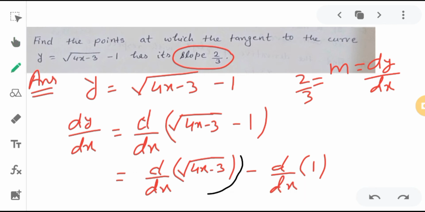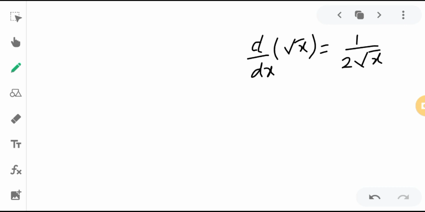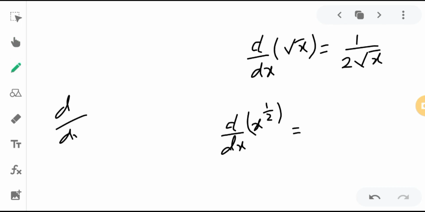Now how can we find the derivative of square root of 4x minus 3? For this, I think you know a few formulas. The derivative of root x is nothing but 1 upon 2 root x. If you don't know the formula, you can derive it: square root x can be written as x to the power 1 upon 2, and then use the formula that the derivative of x to the power n is n into x to the power n minus 1.